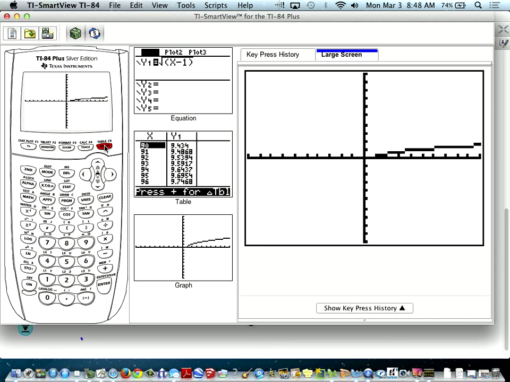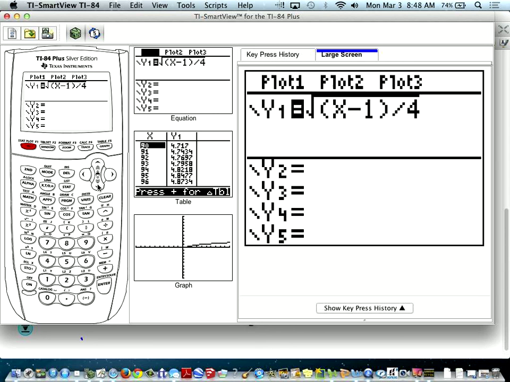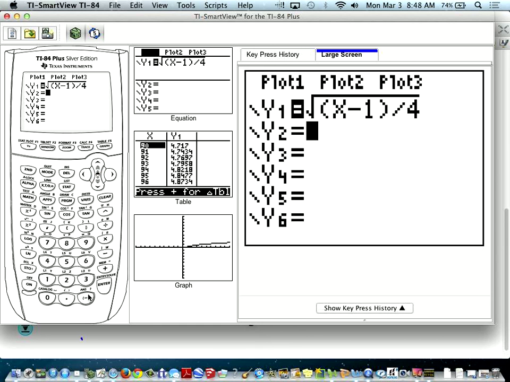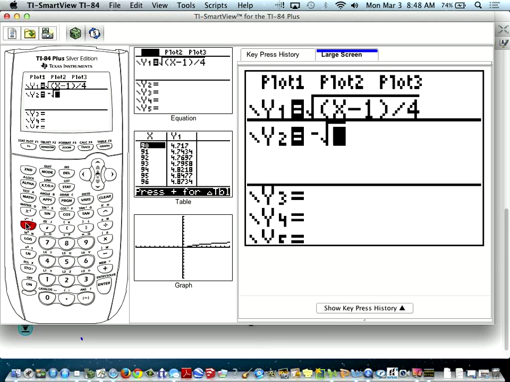So that's what one of the graphs looks like. But then you have to type in the second one. You just put the negative in front and then the square root, same thing: x minus 1 divided by 4, and graph that.